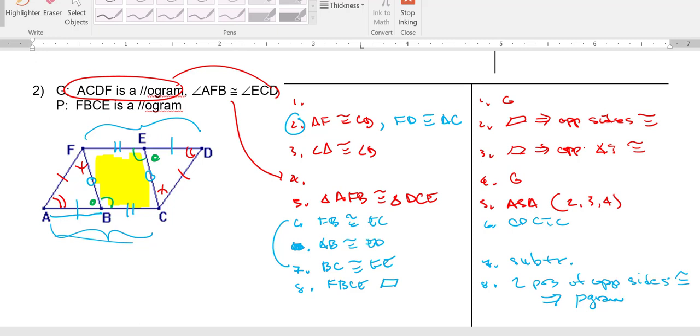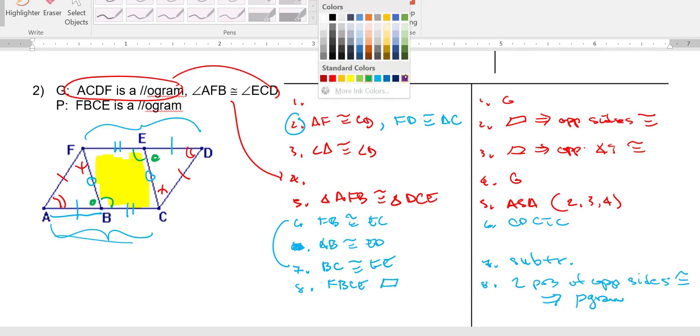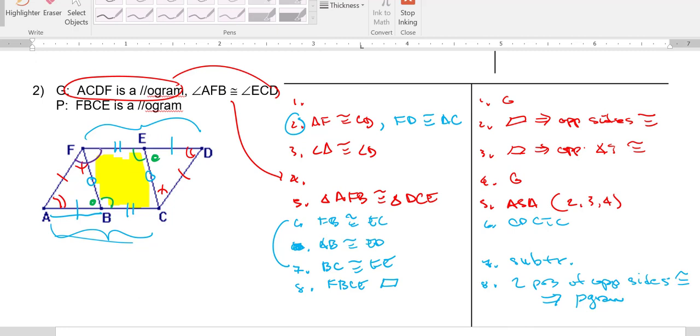And then I could have said, let's choose a different color here, that I know that this whole angle is congruent to this whole angle because opposite angles of a parallelogram are congruent, and then done a subtraction property to get these two congruent to each other. And from there I could have said two pairs of opposite angles are congruent, which gives you a parallelogram. So there's another way I could have done that.